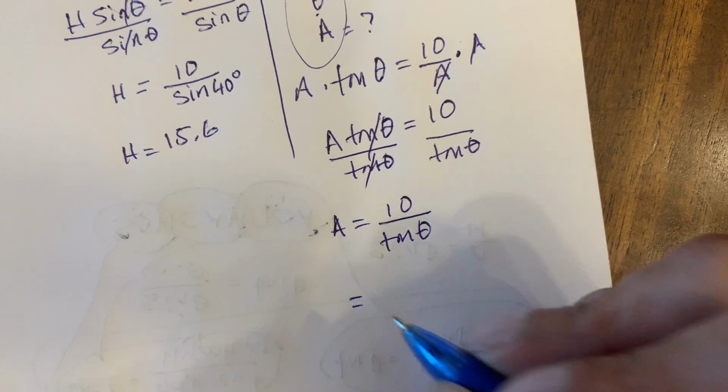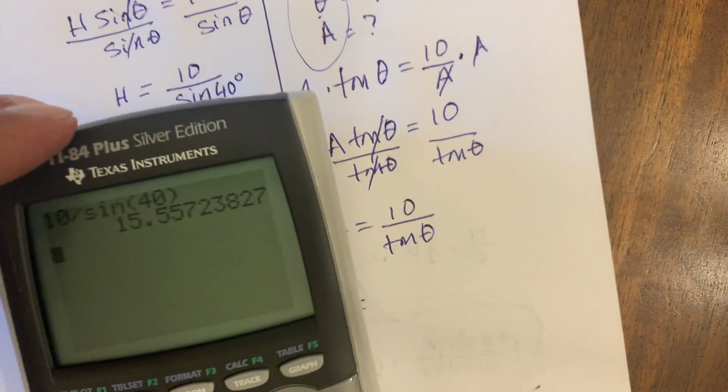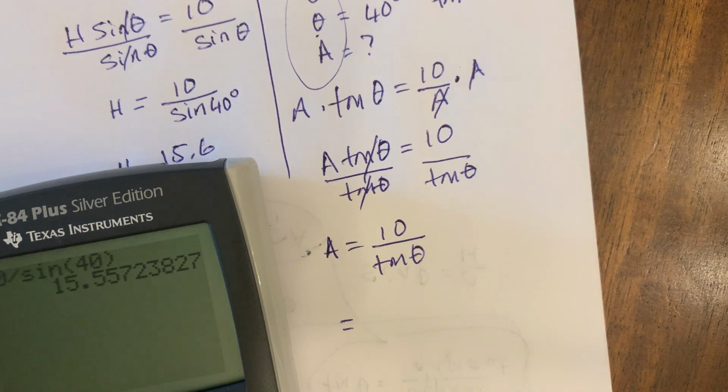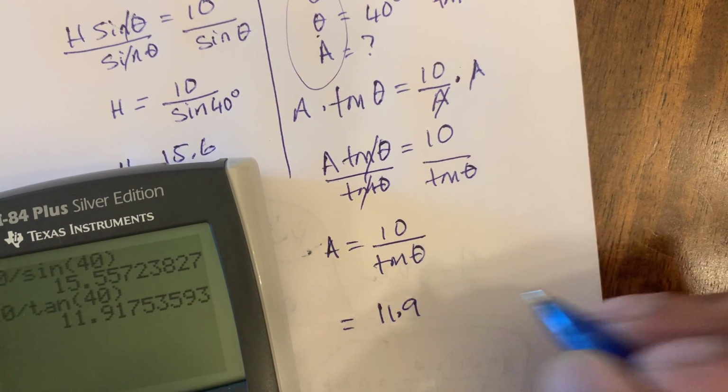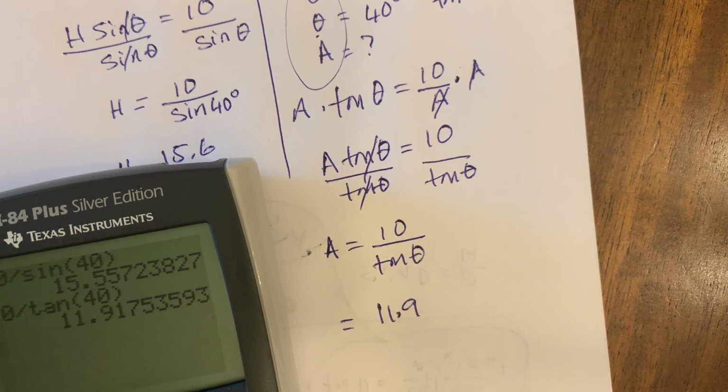Now I can bring in my calculator, and I say, okay, 10 divided by tangent of 40 degrees. And so that is 11.92, or 11.9 units.